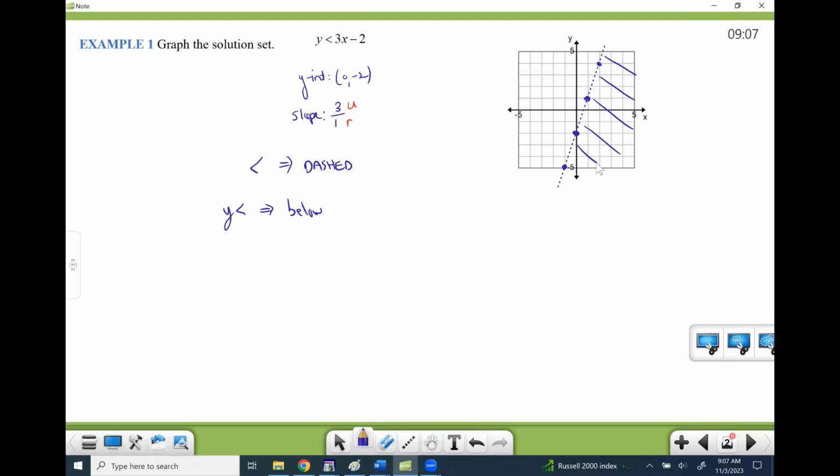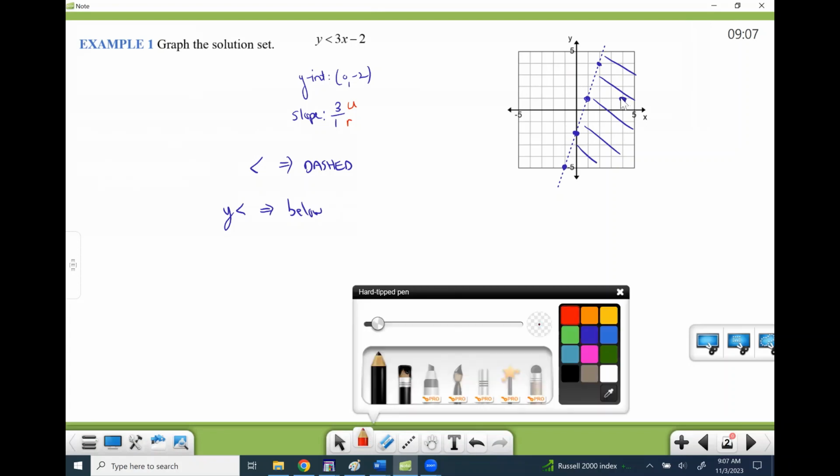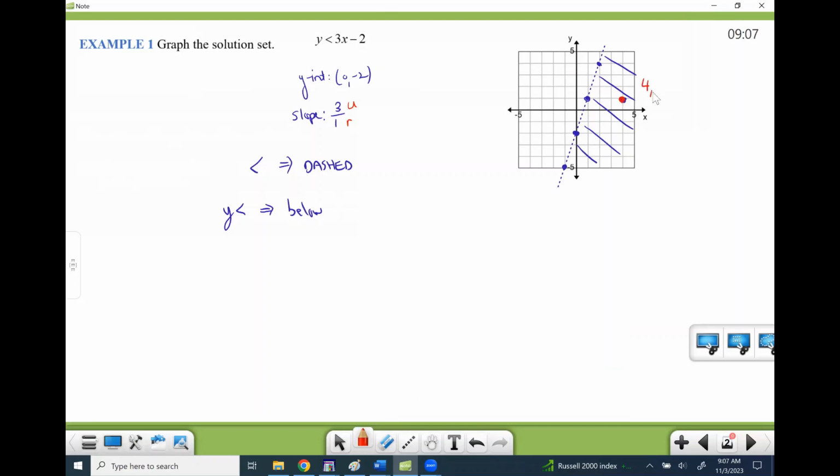Now let's talk a little bit about why we're shading and why we're dashing the line really quickly, so that we understand the purpose of it. What we're graphing here are all of the solutions to this inequality. So let's say you picked a random point in here. Let's say we picked that point. Actually, let me make it red so it kind of pops. That's the point 4, 1.